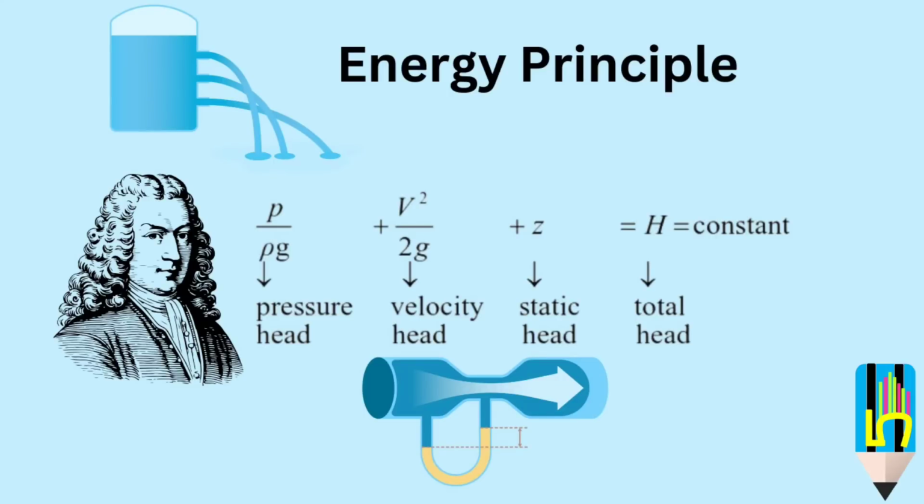So the first term in this equation is Z, elevation. So let's say a pipeline is situated at a level of 10 meters, right? So if the pipeline is open, then it has the required amount of potential energy to flow, because it is situated at a higher elevation from the ground level.